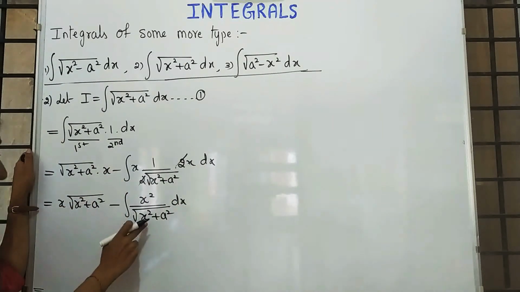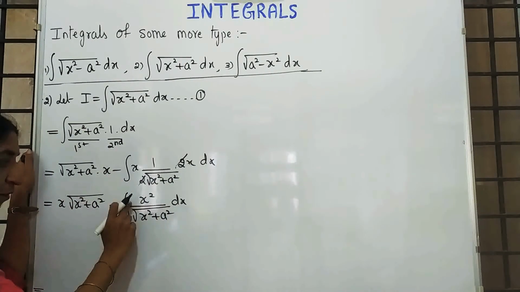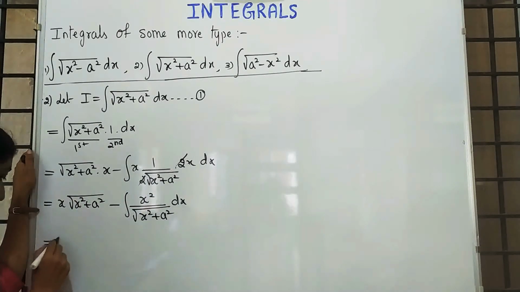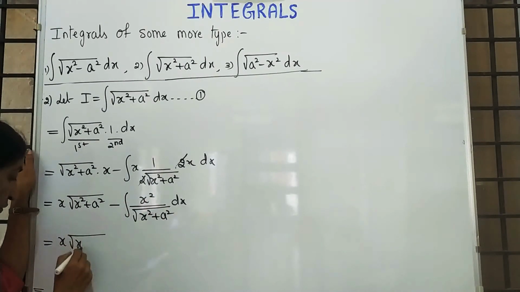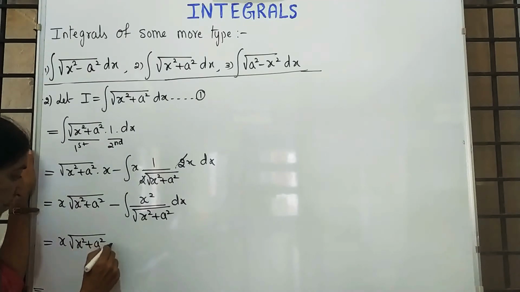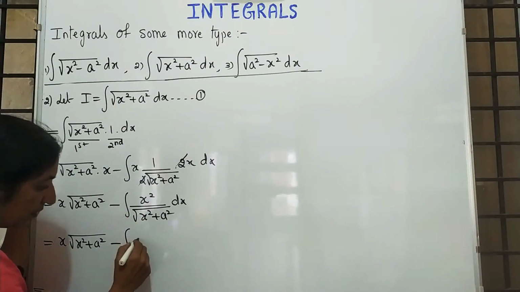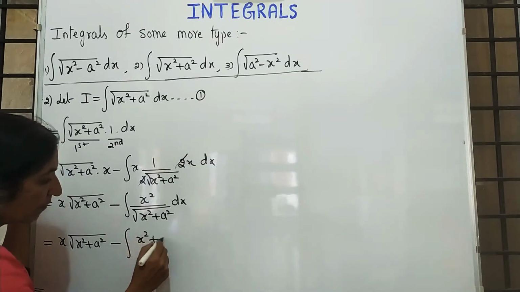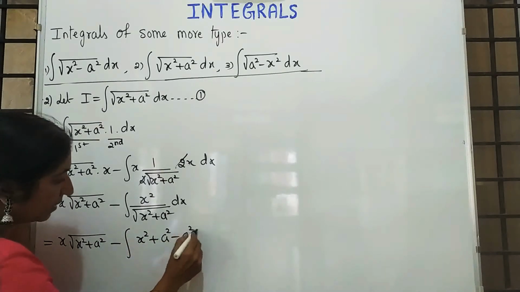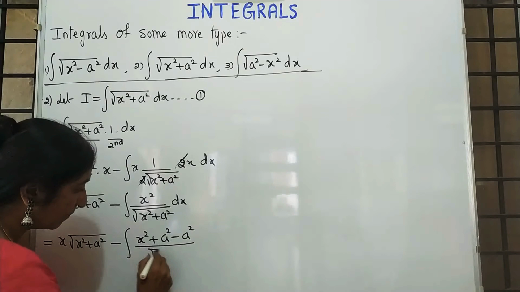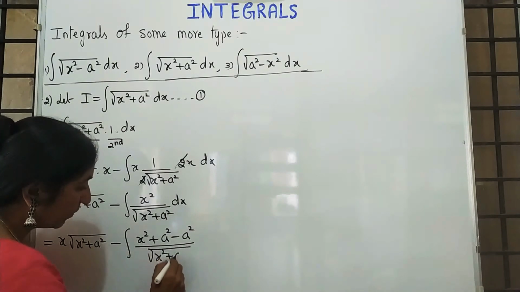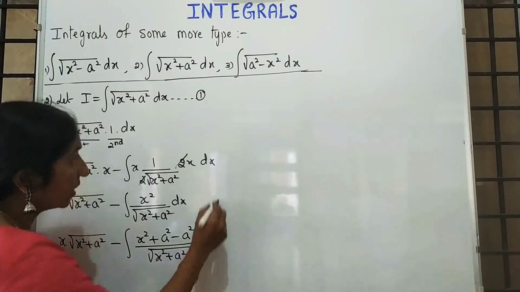Again, depending on the denominator, go for a small adjustment in the numerator. x into root of x square plus a square minus, here it is x square plus a square minus a square divided by root of x square plus a square into dx.